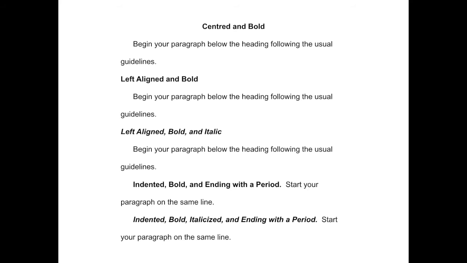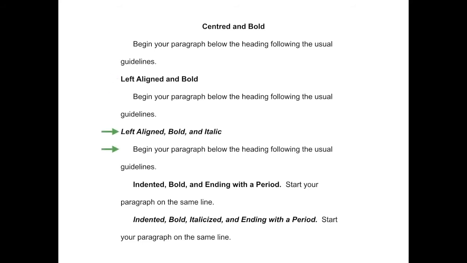The first level heading is going to be centered and bold. And you're going to start your paragraph below that heading, indented 1.27 centimeters. The second level heading is going to be left aligned and bold. Again, your paragraph is going to be indented 1.27 centimeters below the heading.